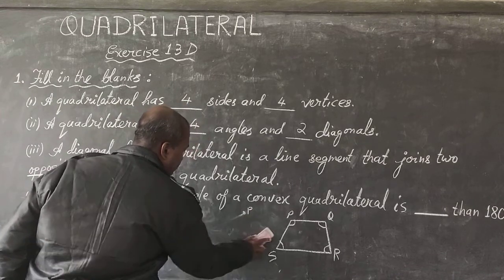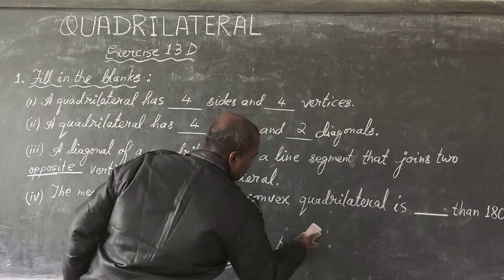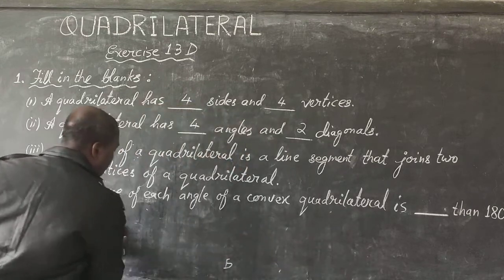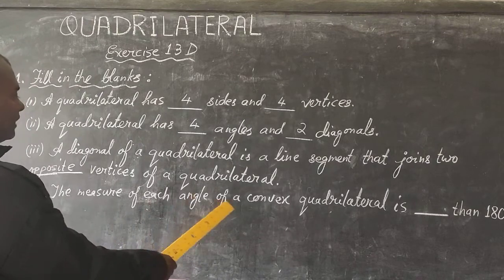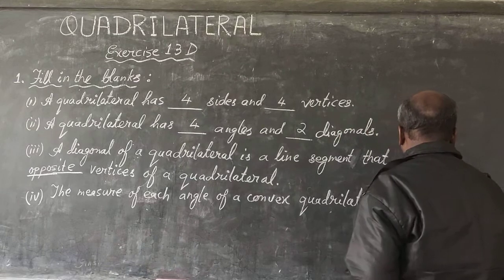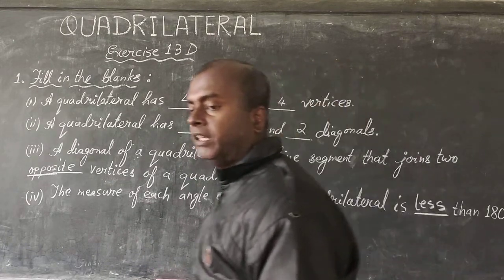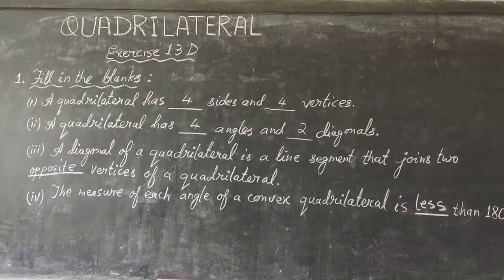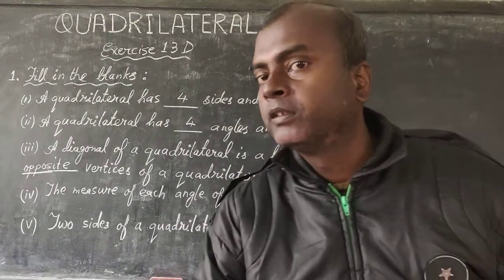So, there is the answer to the question then. In a convex quadrilateral, the measure of each angle of a convex quadrilateral is less than 180 degrees. Okay, the fifth question.